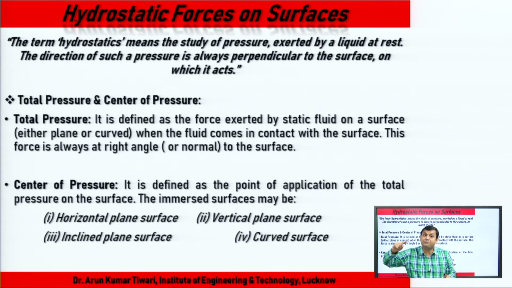This surface may be plane, curved, or inclined. So total pressure is the force exerted by the static fluid on the surface when the fluid comes in contact with it. This force is always normal to the surface.